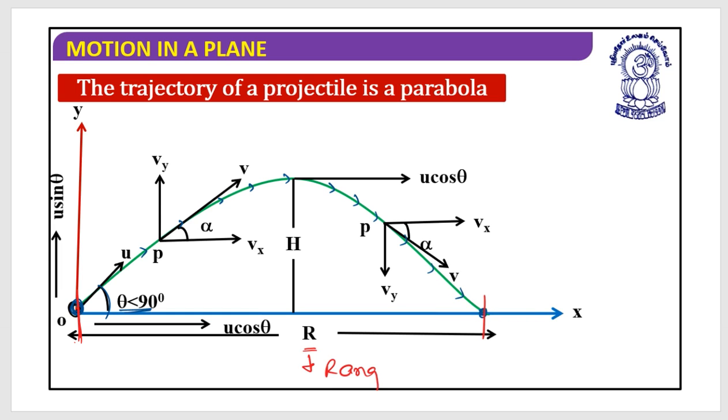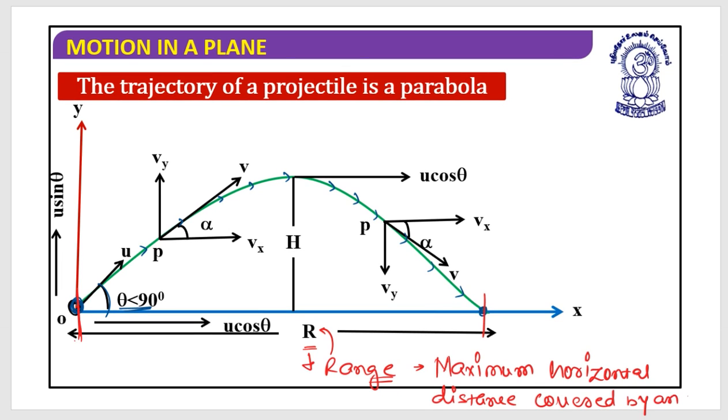This is the range, and it is denoted by R. It is the maximum horizontal distance covered by an object.